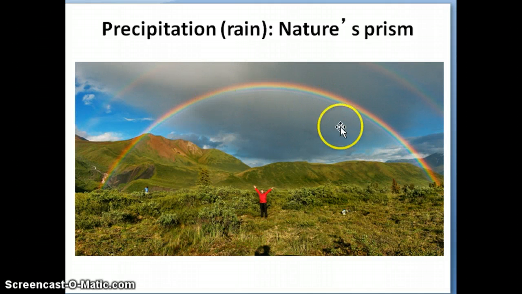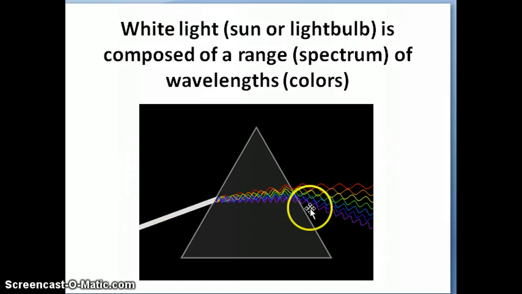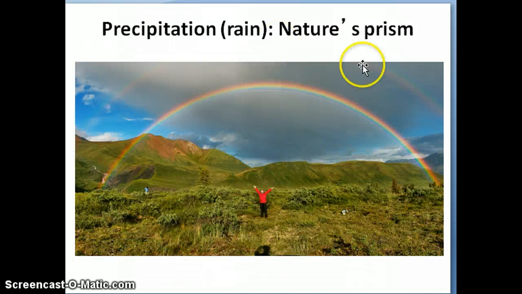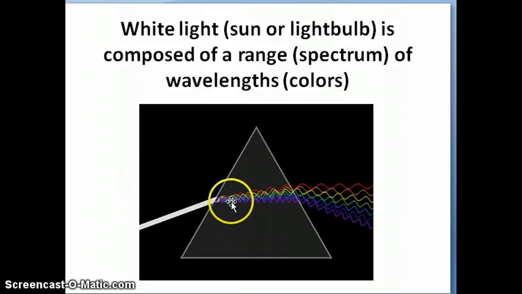So when you see a rainbow, for example, after it rains, you have sunlight coming through. What serves as the prism here is your rainwater, your moisture, which bends the light. The white light goes in, the light gets bent, and depending on the wavelength, the amount of bending changes.